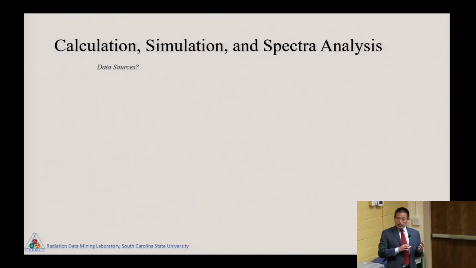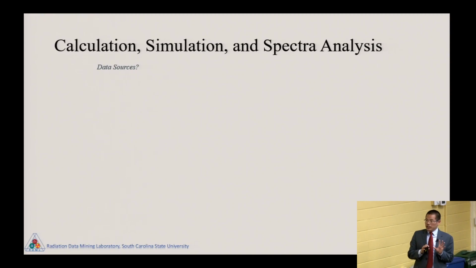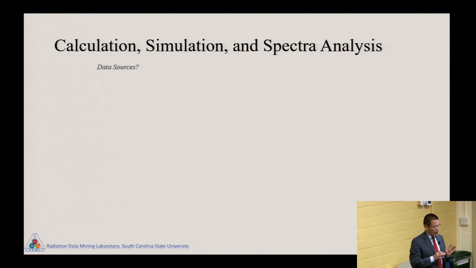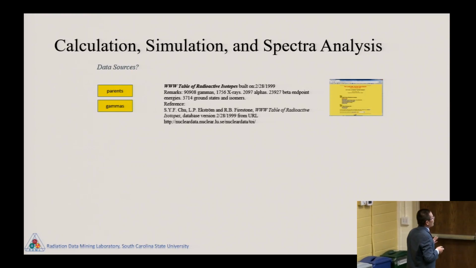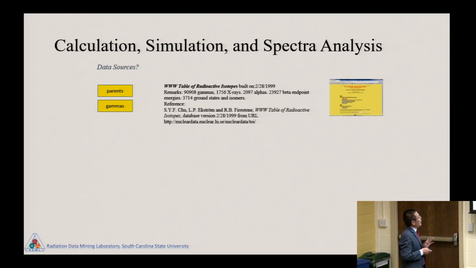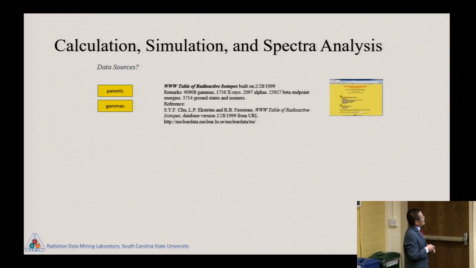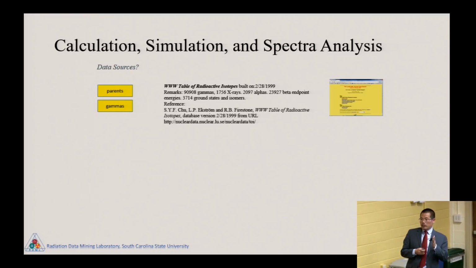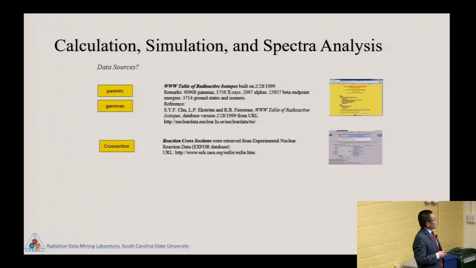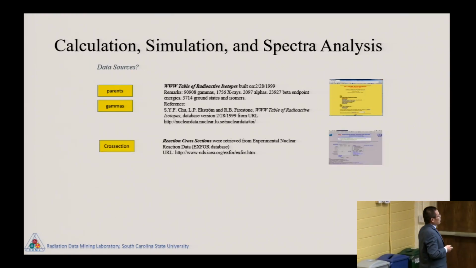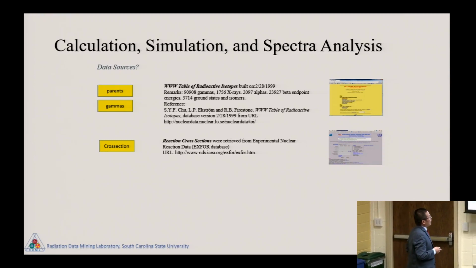The data source is the most important thing in the calculation in the NAS system. We use the WW table of radiated isotopes, and it has 19,000 gammas and different X-rays, because you want to recognize which gamma is which. For the cross-section, we use the X4 database from the experimental nuclear reaction data.